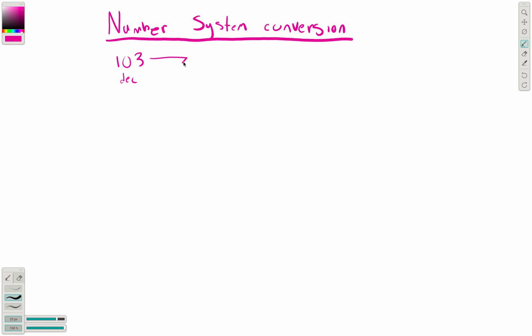How to convert this decimal number into a binary number.